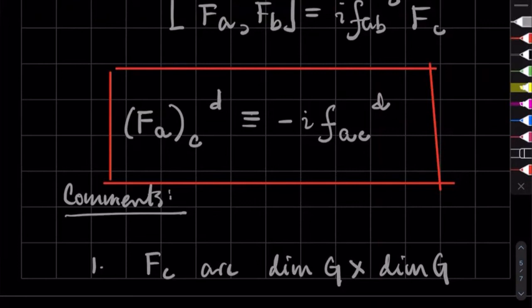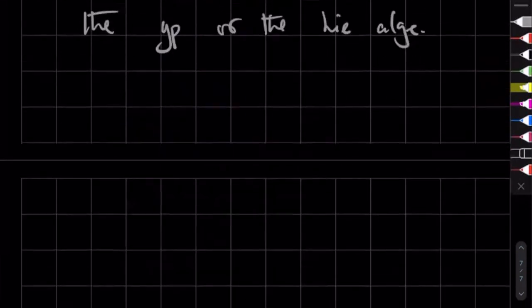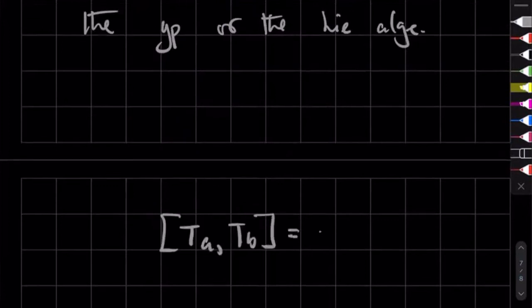Sir, could you explain the notation upstairs and downstairs and how it would make a difference? I'm a bit new to it. So yeah, when we talked about the Lie algebra, it was TA, TB is I F of AB, TC. We had a choice. We could have written the C here, or we could have written the C here. It doesn't really matter.